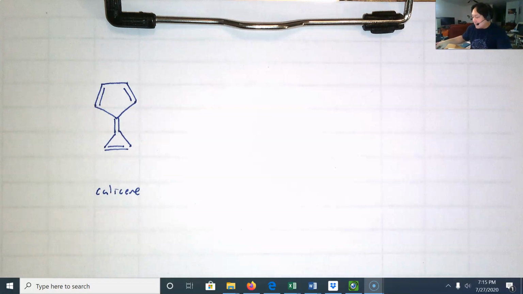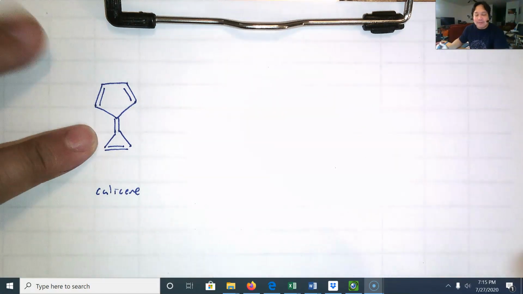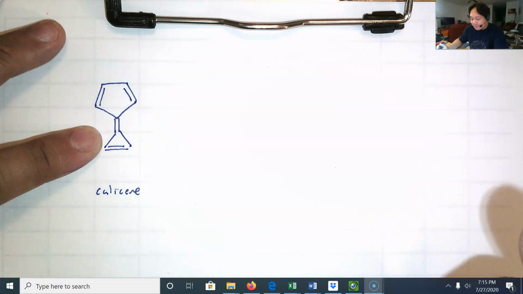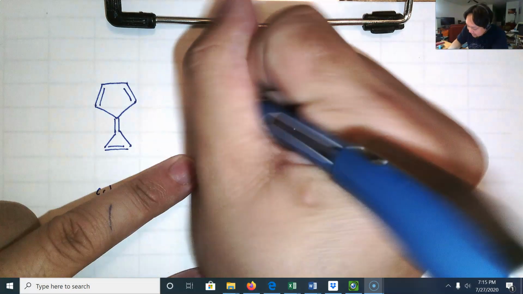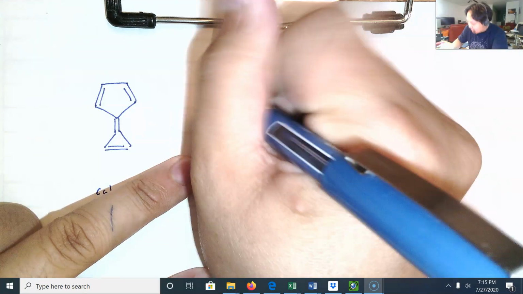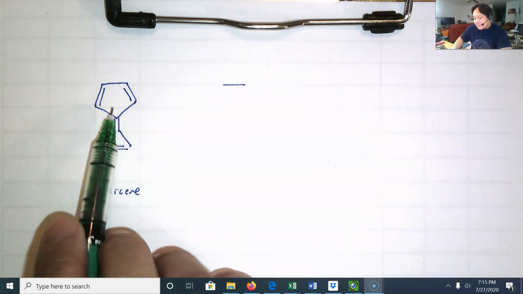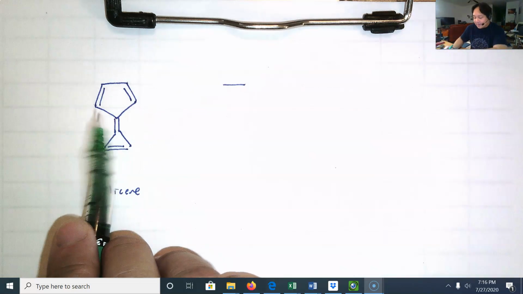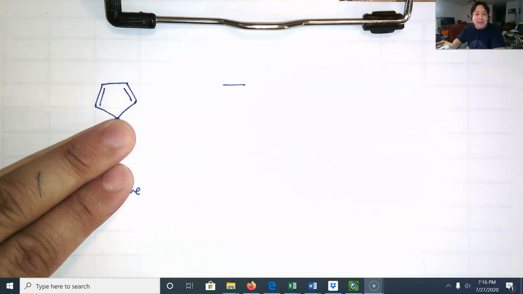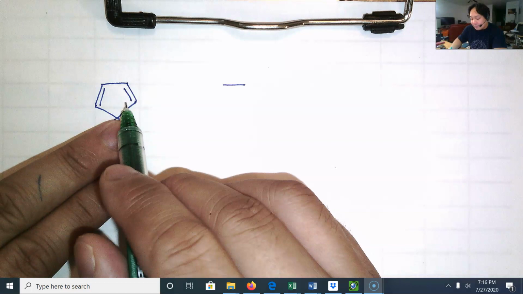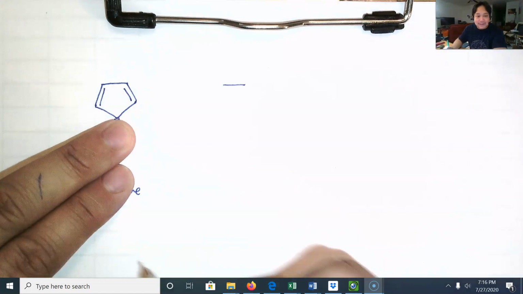The question is, can we draw a better resonance structure of this molecule? Take a look at this. What does the top ring need to be aromatic? It needs a lone pair, right, to get up to 6 pi electrons.